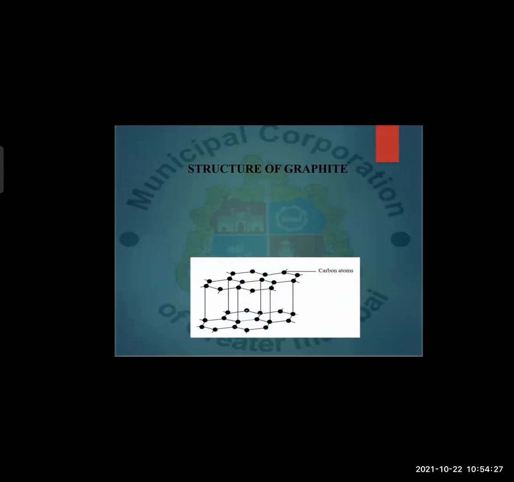Six carbon atoms are joined one by one by a single covalent bond. This is the structure of graphite. Let's move on to the points.